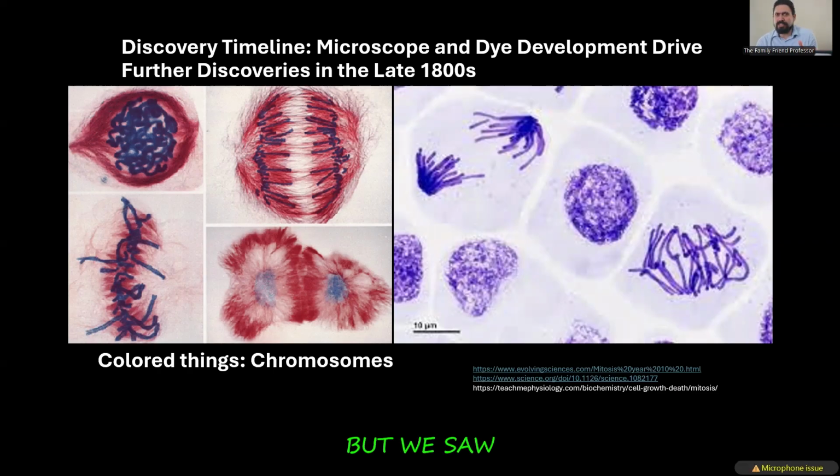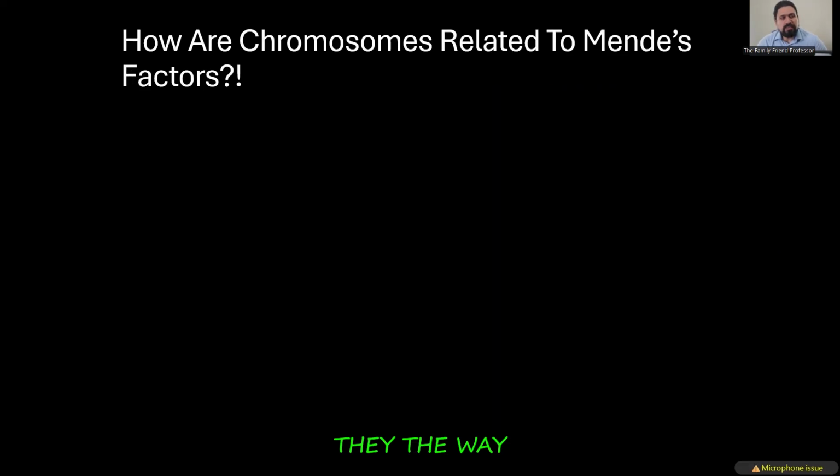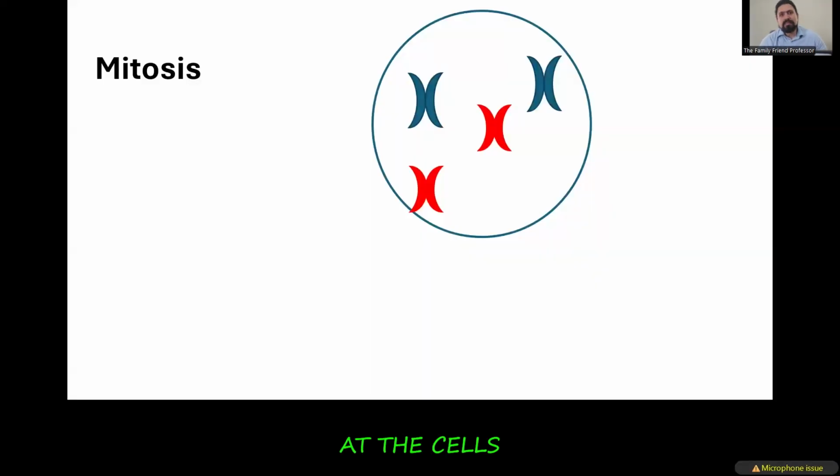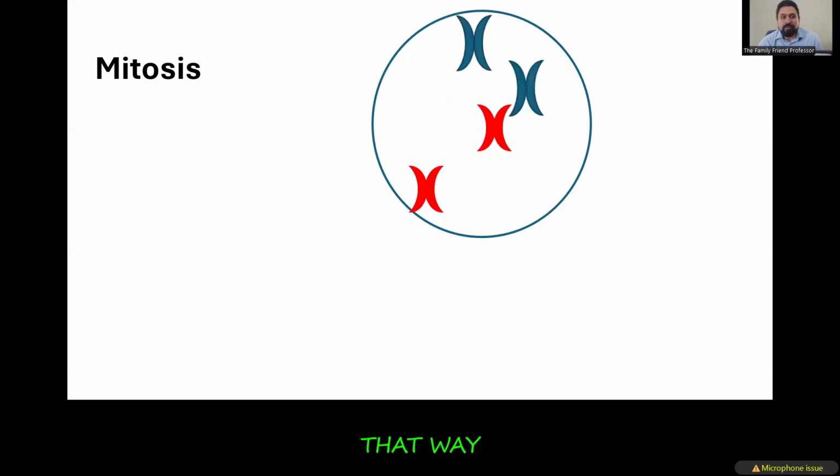Okay, but we still didn't know how Mendel's work was rediscovered. Well, when they looked at these chromosomes under the microscope, the way these chromosomes moved and separated looked like what Mendel was talking about. They looked at the cells that were undergoing mitosis, and I know that you guys already studied that. So the chromosomes would line up that way, right, at the central line of the cell.